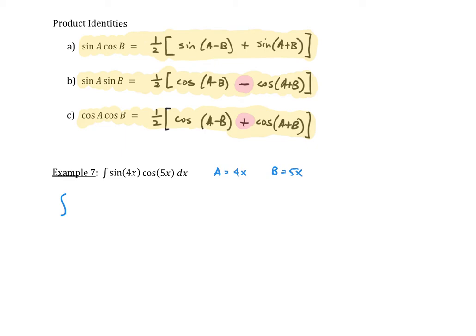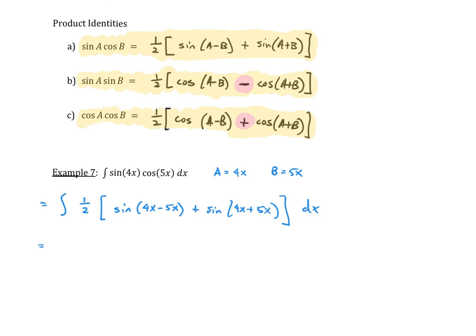So when I apply my formula, it's going to be the integral of 1/2 square bracket sine of 4x minus 5x plus sine of 4x plus 5x, I'm going to close that square bracket, dx. Okay. Let's do a couple things on the next step.